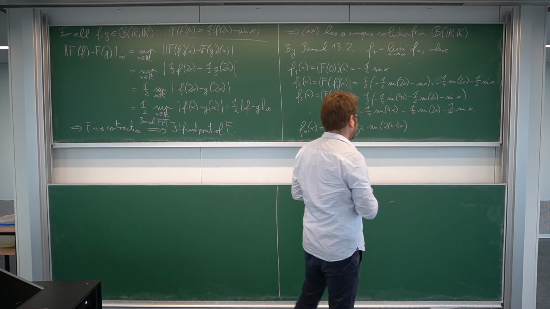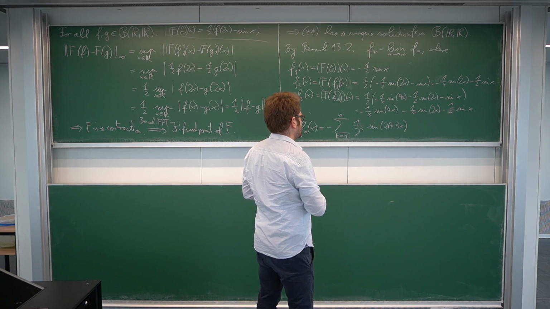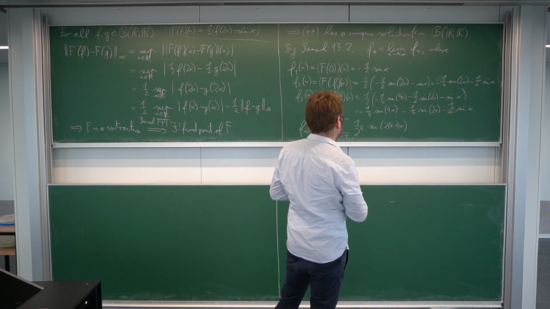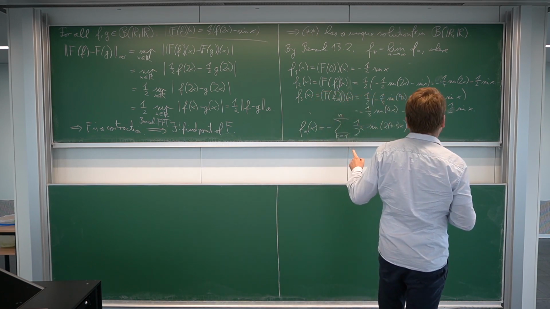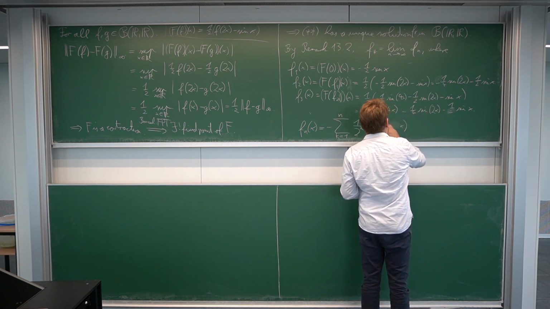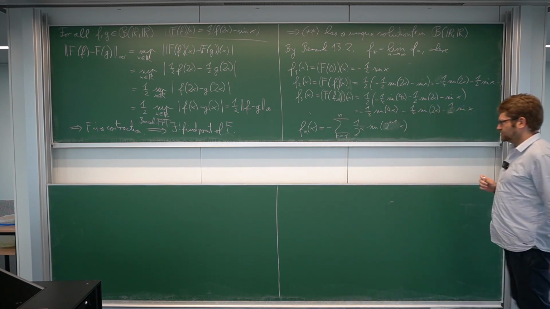I think this should be correct. Wait, not 2 times k minus 1, nonsense. 2 to the power of k minus 1. Sorry, like this. This should be correct.